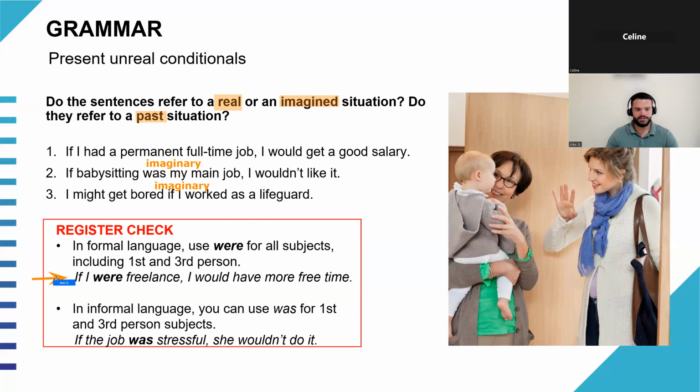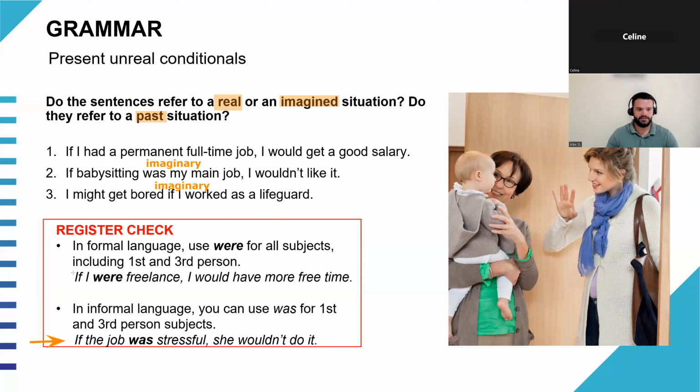Instead of using was, we use were because it's formal language. In informal language, you can use was for first and third person. For example, go ahead and read the example here. If the job was stressful, she wouldn't do it. Excellent.